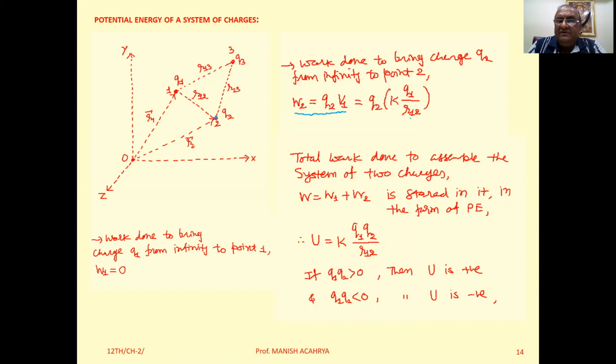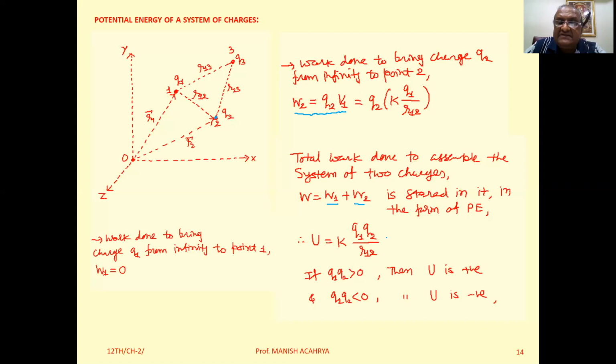Now the total work done to assemble a system of 2 charges Q1 and Q2 is W1 plus W2, and that work done will be stored in the form of potential energy. W1 equals 0, and W2 we calculated as K Q1 Q2 upon R12.